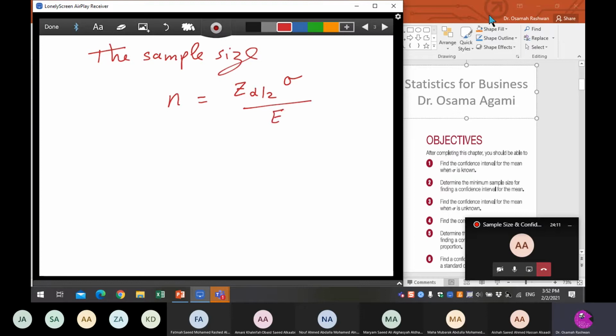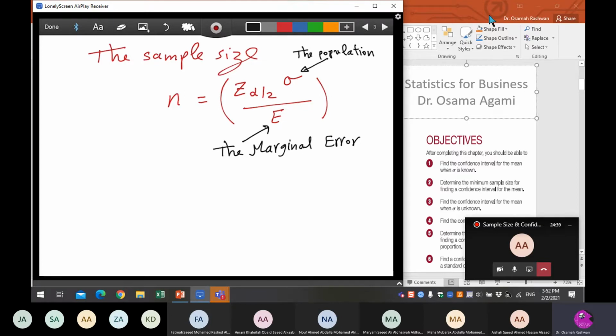Maybe you know Z alpha over 2 and you know sigma, but what is E? E is the marginal error. And what is sigma? The standard deviation of the population. I like to repeat this stuff again and again, just to make it stick. The population standard deviation.